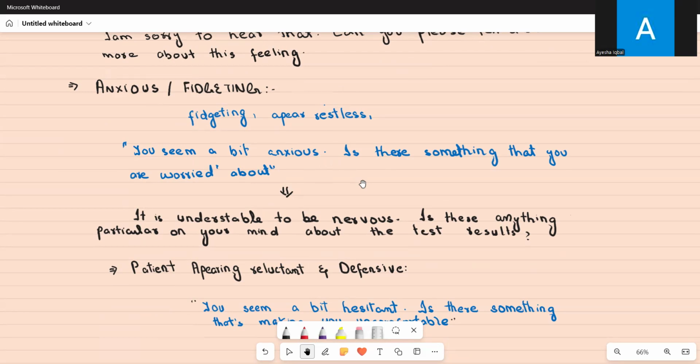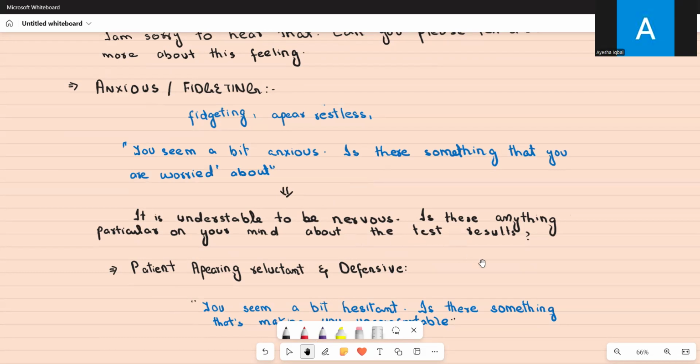You can tell them it is understandable to be nervous in a hospital. Can you please tell me a bit more about how you are feeling at the moment, and what can I do to make you feel better? For example, if they are nervous about their test results, you can say it is understandable to be nervous. Is there anything particular on your mind about the test result? We can go through the test results together to see what the test results mean and what we are going to do further for you.